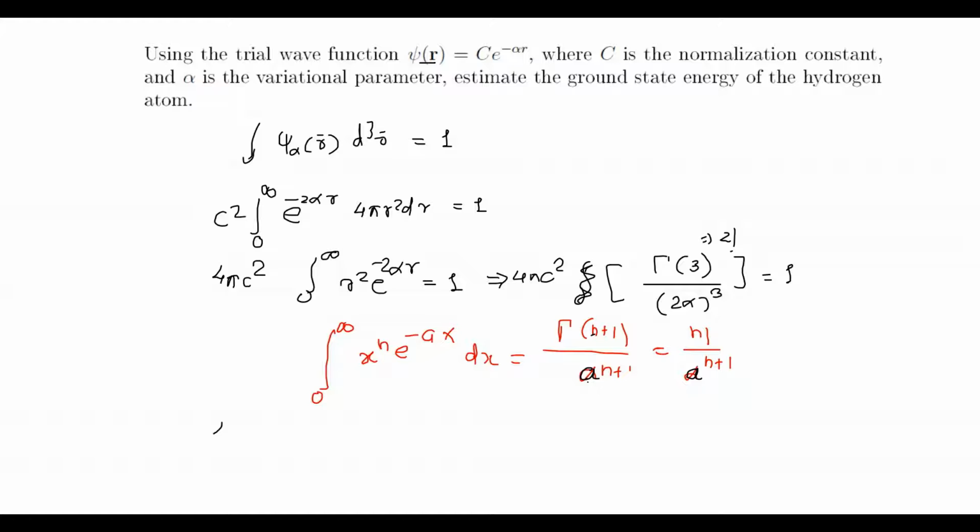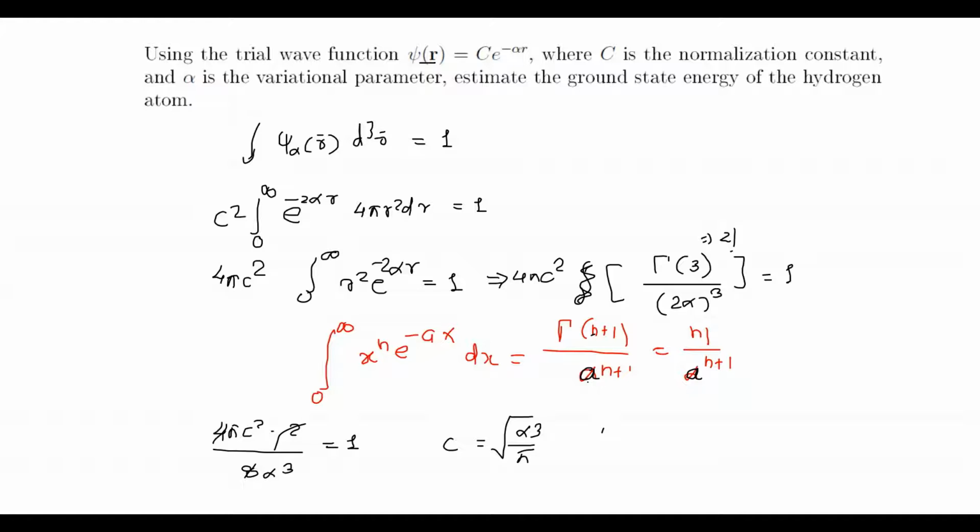So at the end I get 4 pi c square into 2 divided by 8 alpha cube should be equal to 1. You can see this 4, 2 and this 8 will get cancelled, and what I will be left with is c equal to the square root of alpha cube divided by pi.